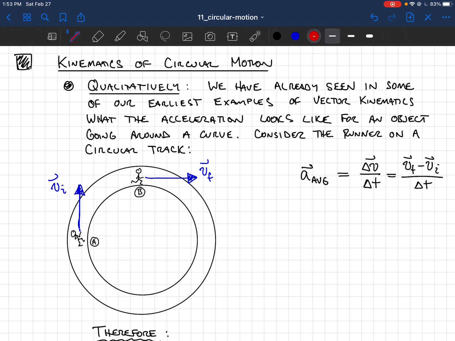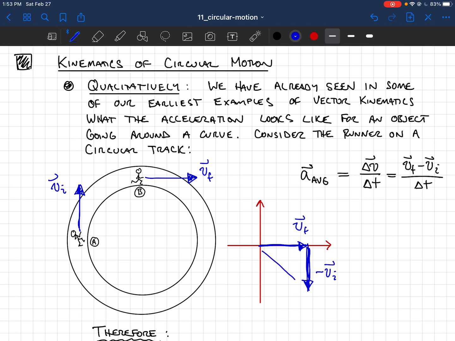So let's just do a vector addition to find the delta v vector. If we place our final velocity vector first, and then we add to it the opposite of the initial velocity vector, so that will be this vector, that's the minus initial velocity vector.